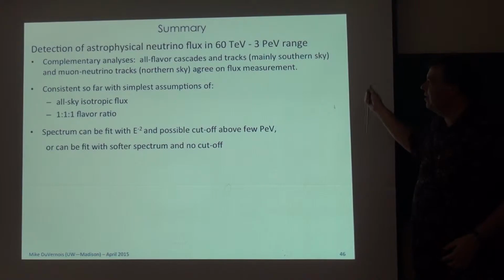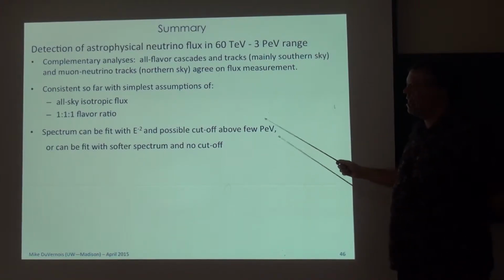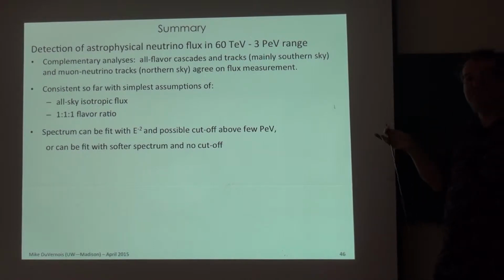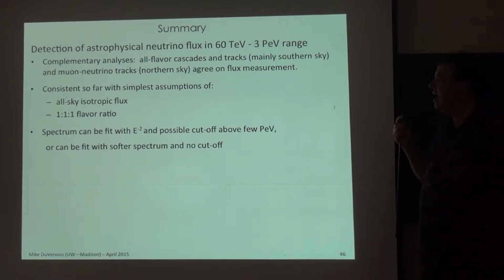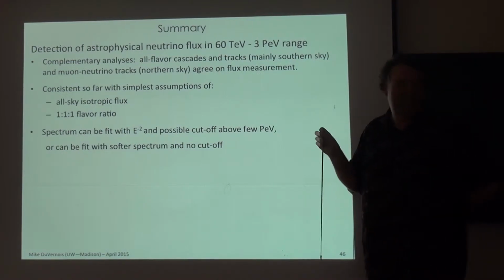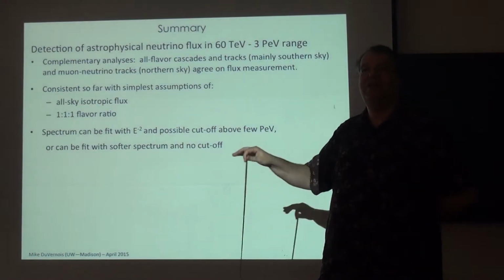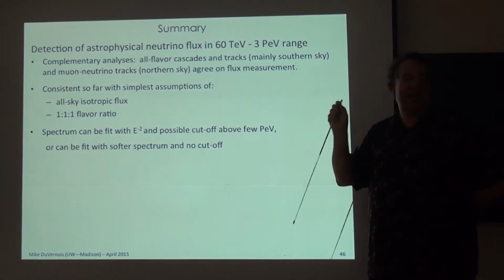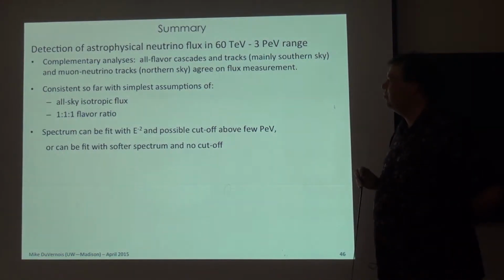But there's also this diffuse analysis with thousands of events, and there's been a recent effort to push the high energy starting analysis down in energy to really try picking some of those events out of the atmospheric neutrino background.